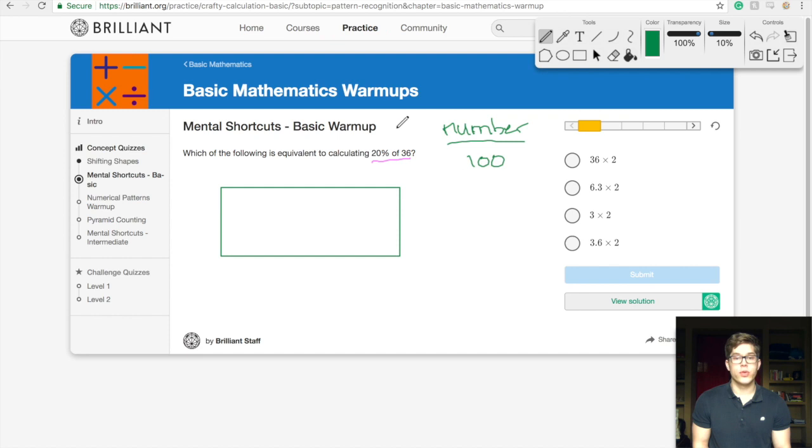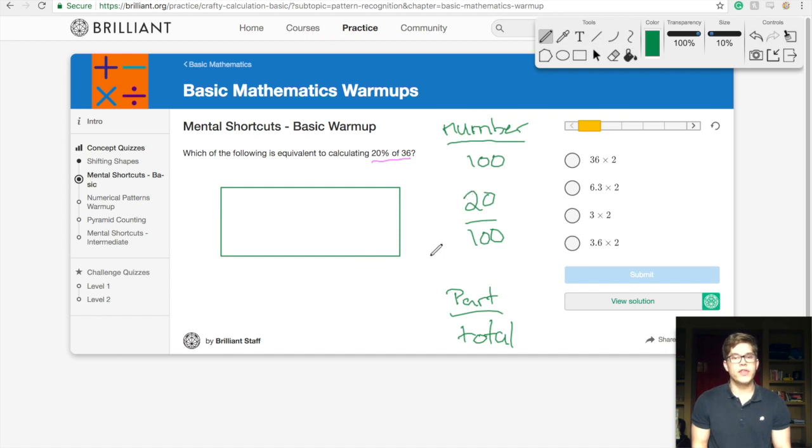So in this case, 20% would be what? Well, it's 20 over 100. And a fraction is always what? A fraction is part over total. And so 20% is like saying you get 20 for every 100.